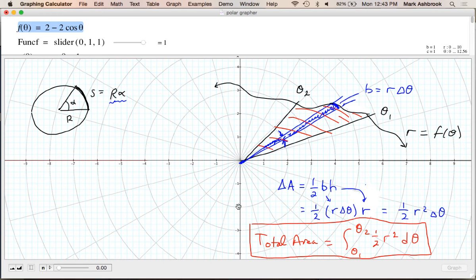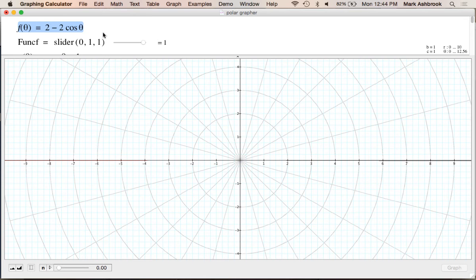All right, so let's go back to the quiz question. Let's do an example here for this one. And that was 5 cosine theta minus 2.